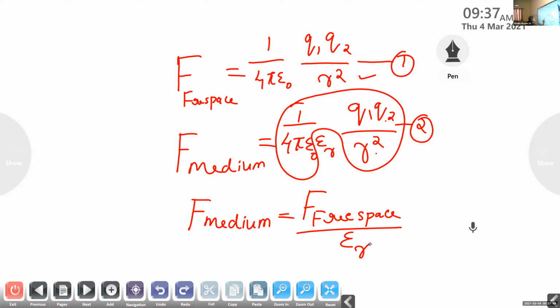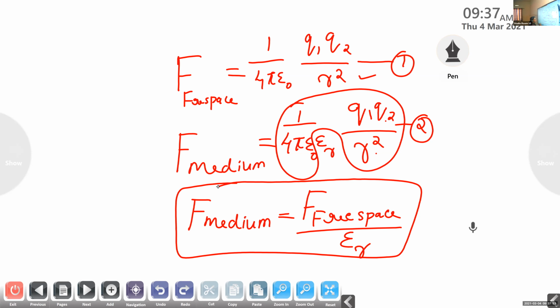So we are making a relationship between the force of charges in a medium and the force of charges in free space. The force between the charges in a medium is equal to the force in free space divided by epsilon r. Okay, what is epsilon r, Gayatri?